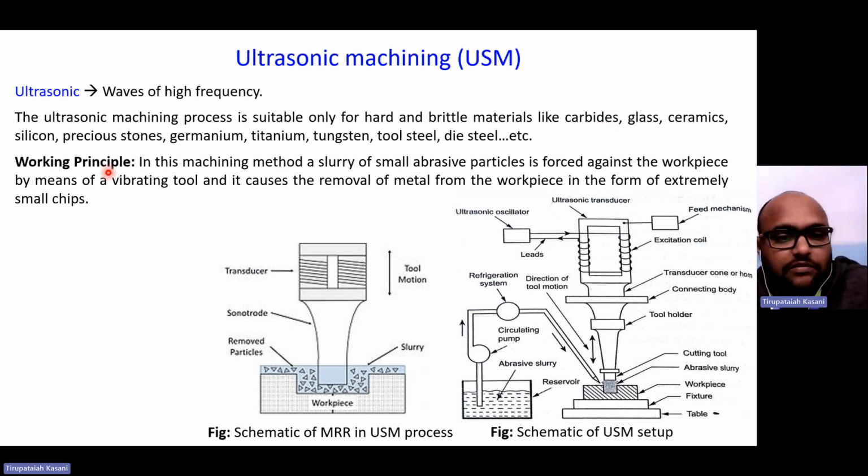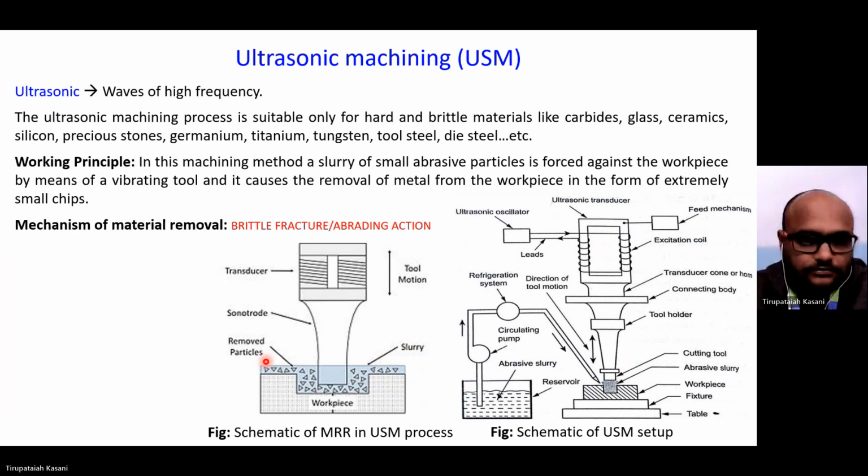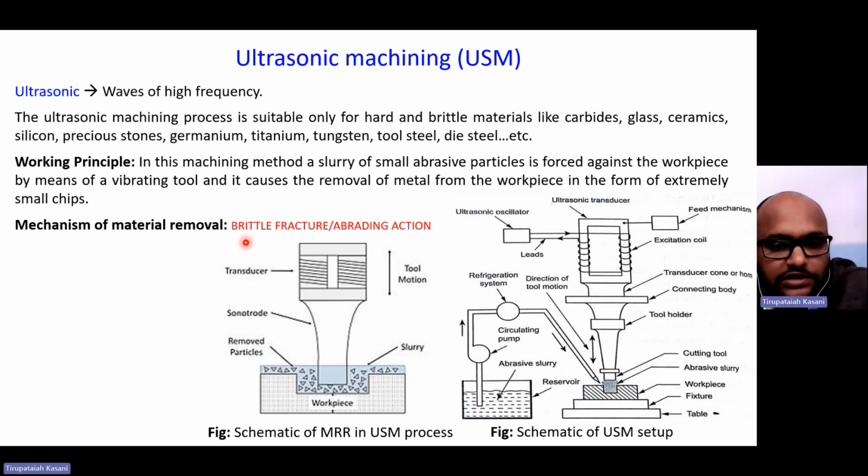Okay, and here the working principle in this machining method: a slurry of small abrasive particles is forced against the workpiece by means of a vibrating tool, and it causes the removal of metal from the workpiece in the form of extremely small chips. This is the slurry flow from here to here. The mechanism of material removal is brittle fracture or abrading action.